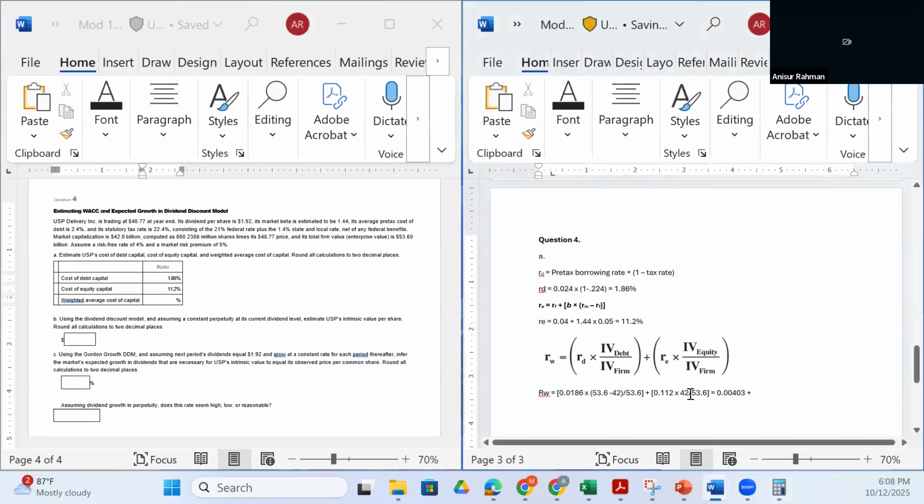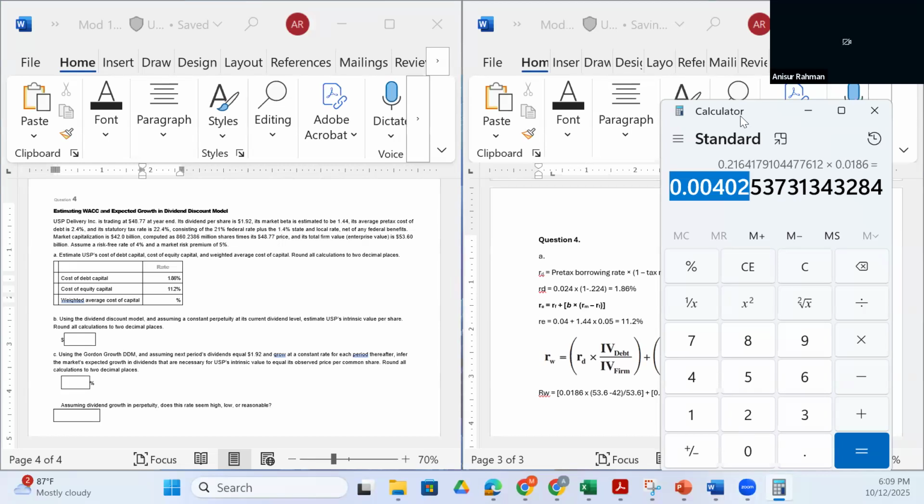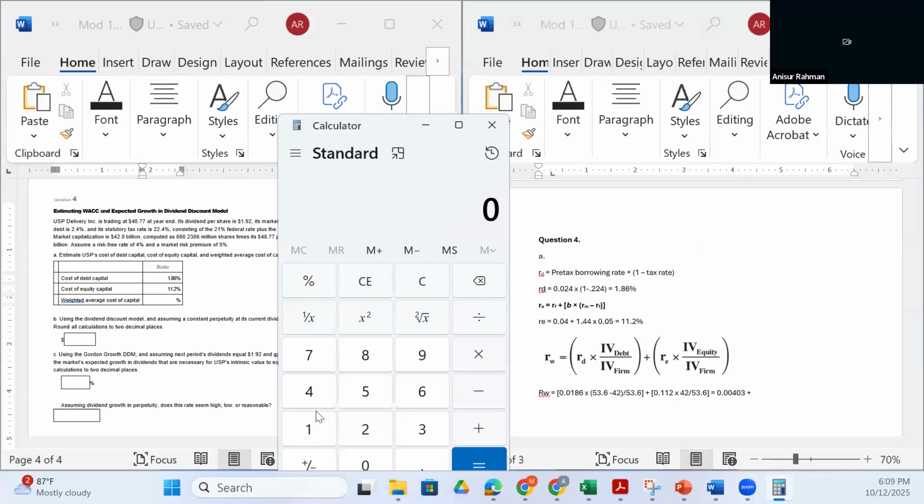Now plus the second part. So the second part is much easier. So 42 divided by 53.6, this, now times 0.112, equal to this. I'll use 6 decimal places again.